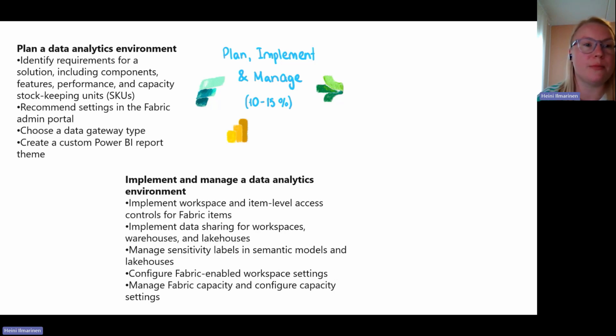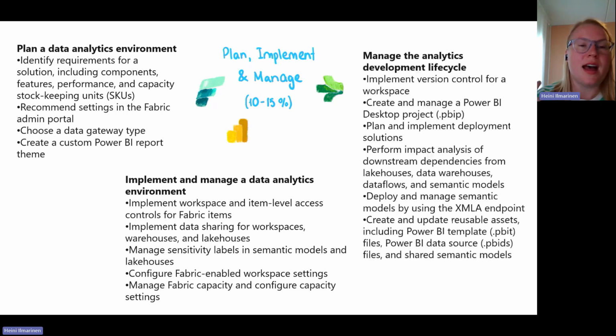But again, we are looking at Fabric as a whole and understanding how we manage the workspaces themselves. And then the third area has to do with the development lifecycle. This is, for example, how we implement version control for a workspace, but also looking at the Power BI development lifecycle, and how the different formats that we have available there differ from each other.